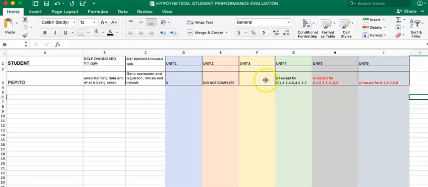If you have nothing written in that unit, it means that you did really good in that unit, at least in the multiple choice section. You did super well, so I didn't write anything there. If you have a "did not complete," it means that I had nothing to evaluate because you did not complete the multiple choice section of that unit.